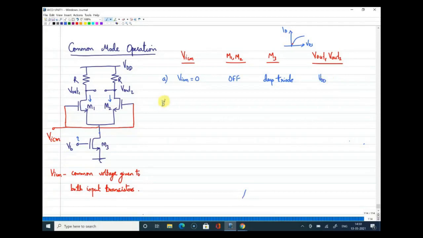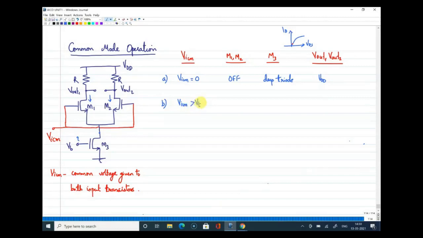Now we'll study the operation of this common mode voltage by varying this VICM from 0 to the maximum possible voltage. We know that M1, M2 both are off since your VICM is 0. Now I'll apply a voltage which is slightly more than the threshold of the MOSFETs M1 and M2.